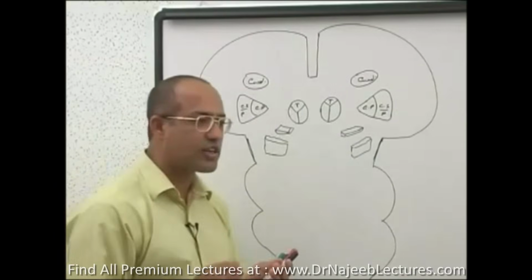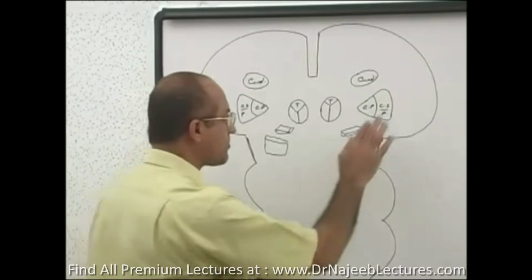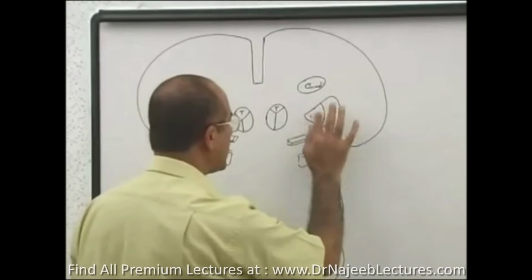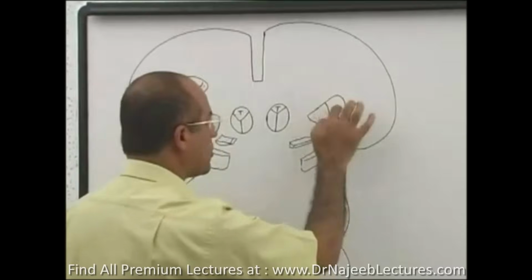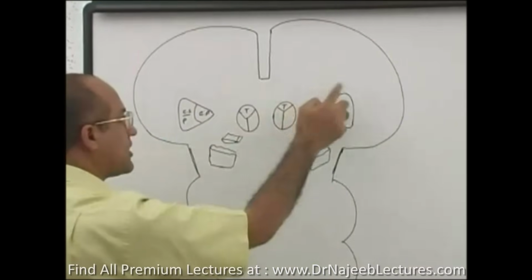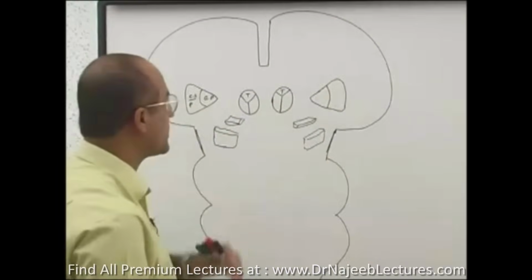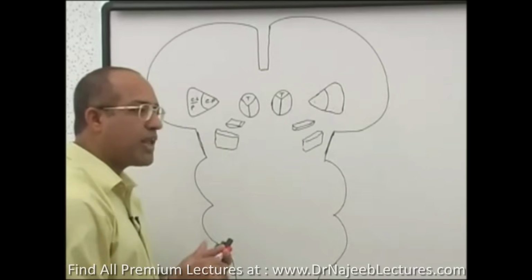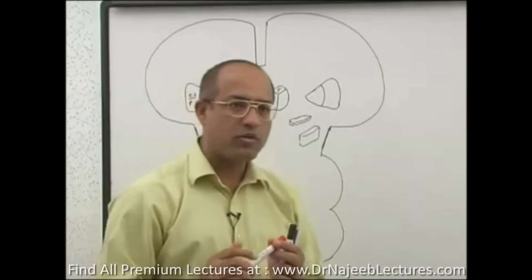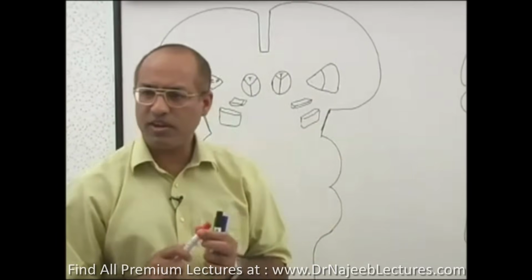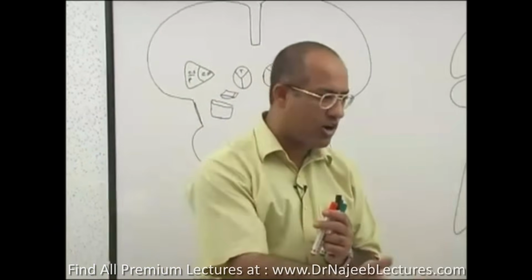Now we will go to the circuits of this system. Let me remove these things. Now, when you plan a movement, when you think of a movement, which part of the central nervous system is concerned with movement thought?